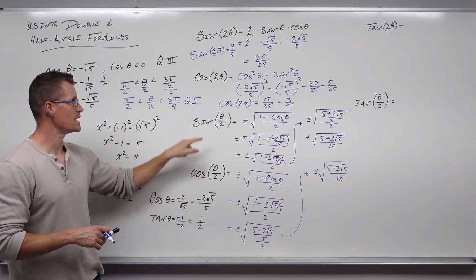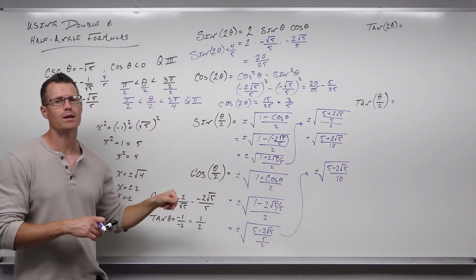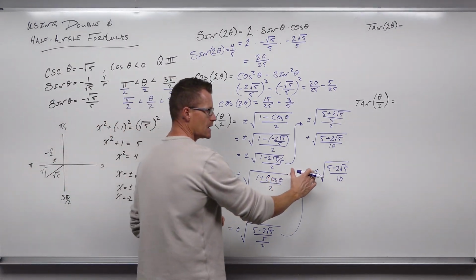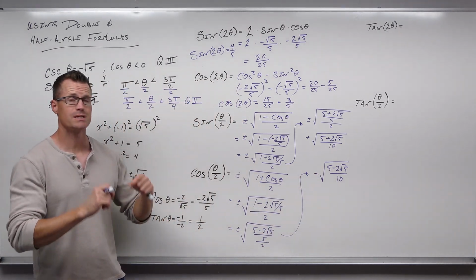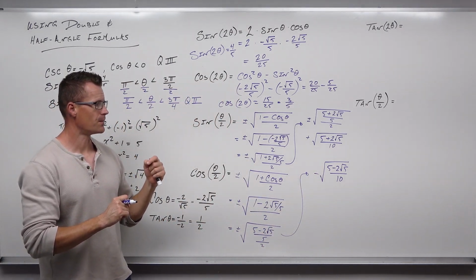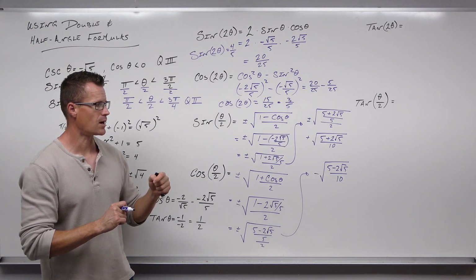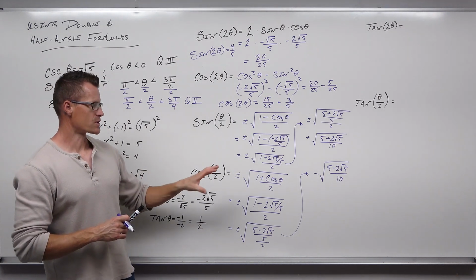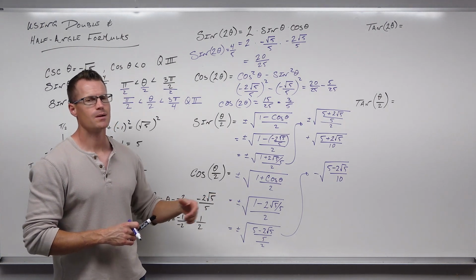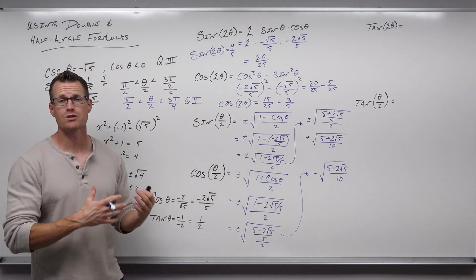So if cosine is negative in quadrant 2, where that angle is, then we're going to take the negative version of that square root. So cosine theta over 2 equals negative square root of 5 minus 2 square root 5 over 10. It's a lot of work to do as far as the simplification goes some of the times, but honestly, we're just following the formulas.